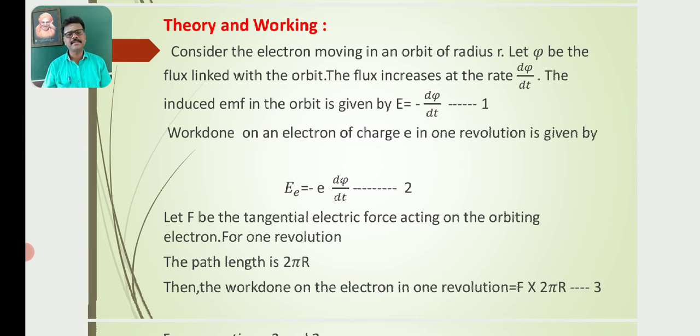By the basic concept, work done is equal to force into displacement. Here F is the force acting on the electron, and 2πr is the displacement of the electron for one complete revolution, so it is equal to F into 2πr. Let this be equation number 3.